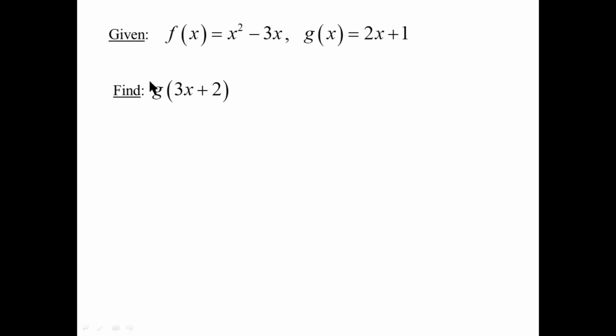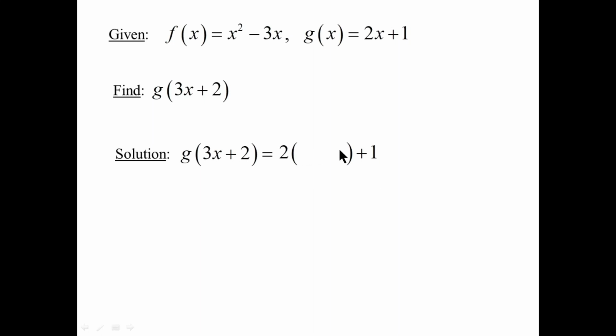So we'll start by finding g of 3x plus 2. Okay, solution. First write it, and now realize what the plan is. The plan is to input 3x plus 2 into this, let's call it the g function machine. I notice that g of x is 2 times something plus 1.